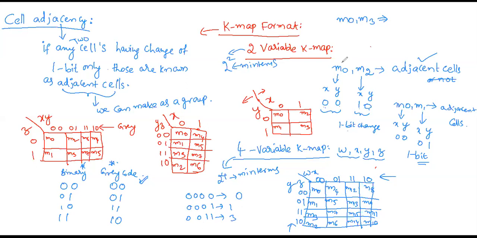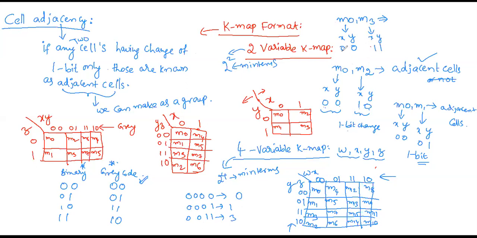Okay, now we will see M0. What is the corresponding x value and y value? M0 is 0 0. M3 corresponding x value and y value 1 1.